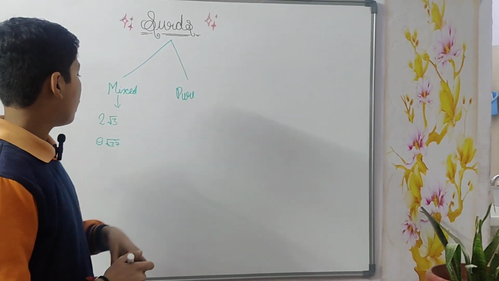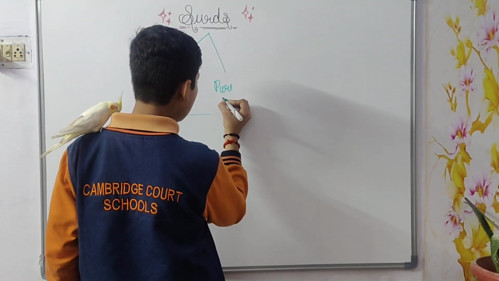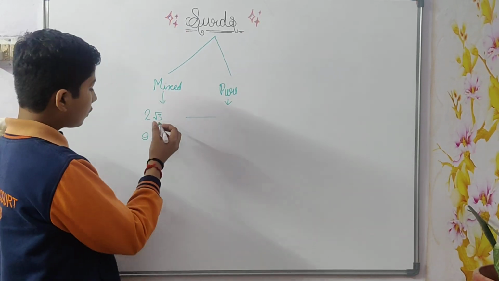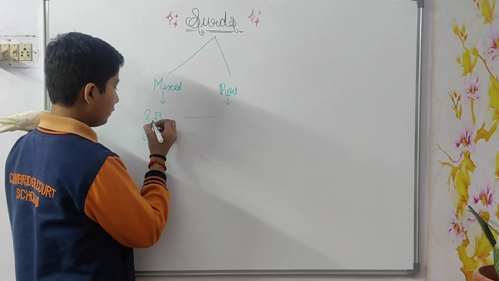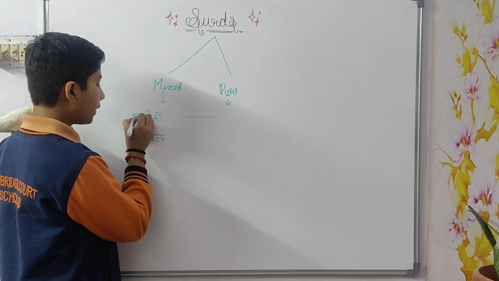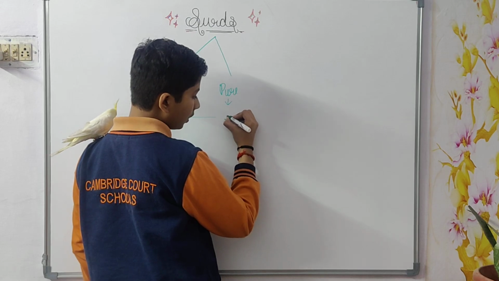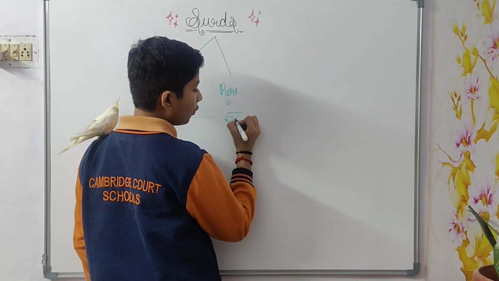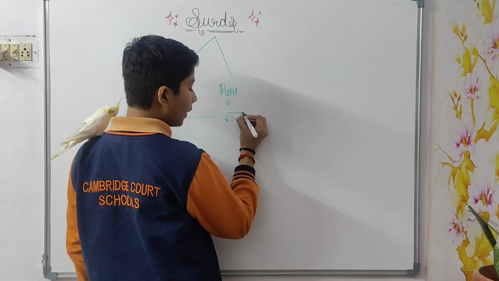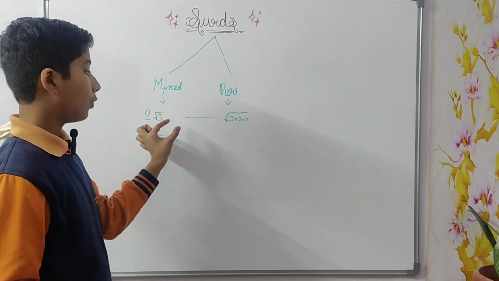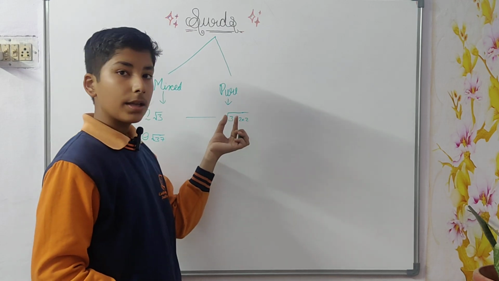But if you have to convert it in pure, this will be 2 root 3. So 2 root 3 will be what? In root, this will be written as, wait, I will show full solution. Root 3 into 2 into 2, because this is square root. So while transporting this number inside the root, you will have to multiply itself.